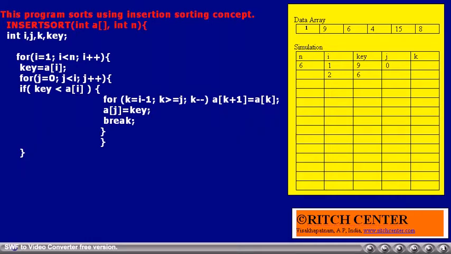Now key value is 6, that is a of I is 2, so a of I is 6. We want to insert 6 at its appropriate place, in such a way that all the elements till index 2 are in sorted order.